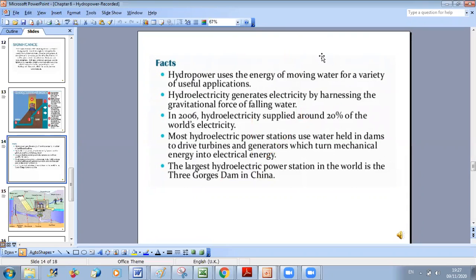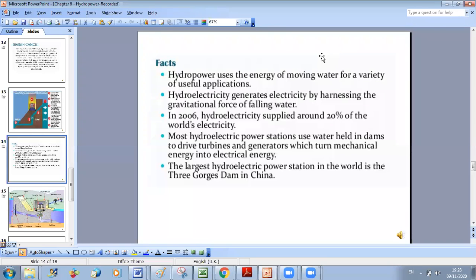hydropower uses the energy of moving water for a variety of useful applications. Hydroelectricity generates electricity by harnessing the gravitational force of falling water and therefore transforming it into kinetic energy, then into mechanical energy of rotation, then into electrical energy.